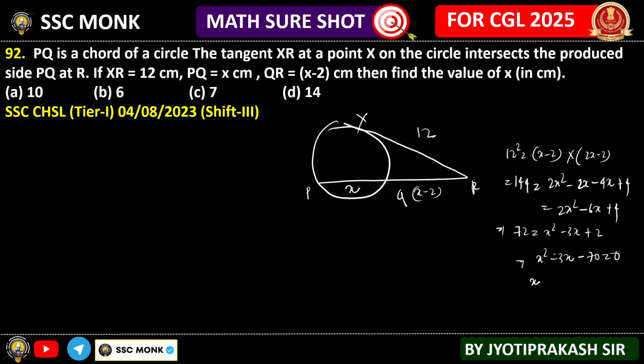So the value of x: x square minus 10x plus 7x minus 70 is equal to 0. So x minus 10 into x plus 7 is equal to 0. So the value of x is equal to 10 or minus 7. So the answer will be option A, that is 10.